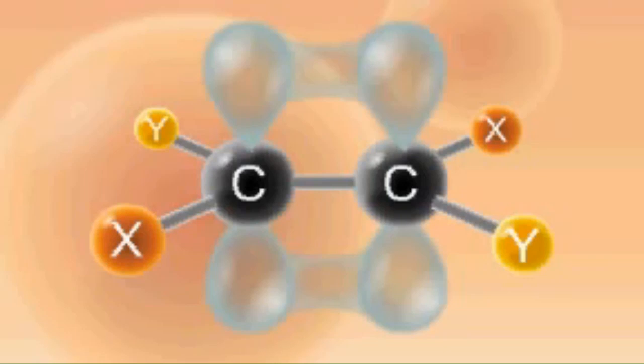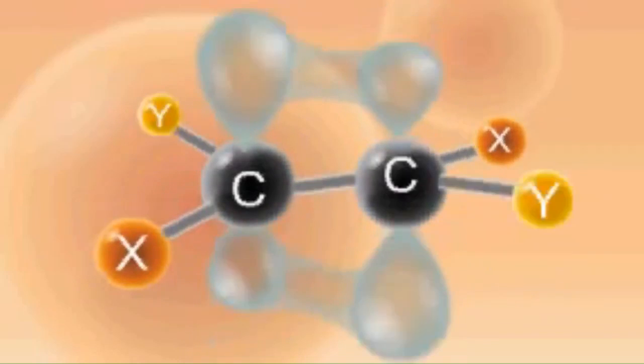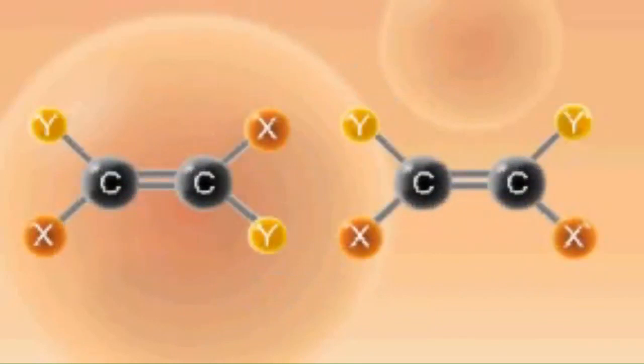Because of this, rotation around the double carbon-carbon bond is restricted in alkenes. This restricted rotation around the double bond in alkenes results in the phenomenon of geometrical isomerism in this family of compounds.